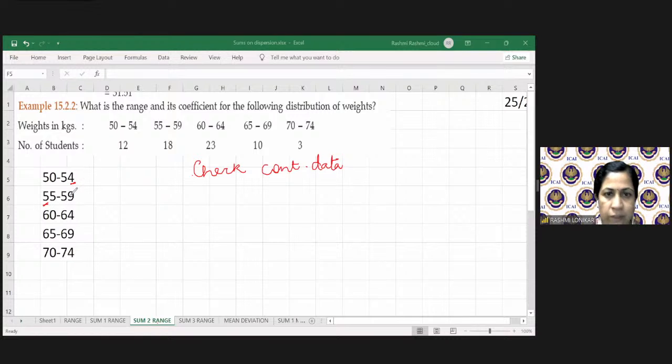What is the difference? 55 minus 54 is 1. 1 divided by 2 is half. So this is my class interval, and I will find the class boundaries. Class boundaries will be 49.5 to 54.5, and similarly all this going up to 69.5 to 74.5.